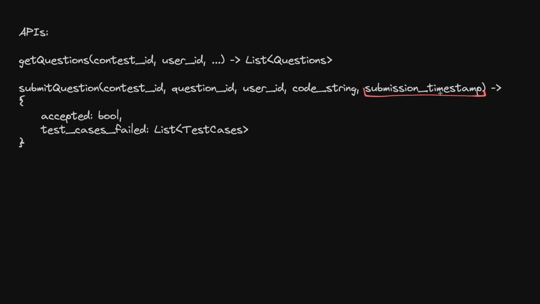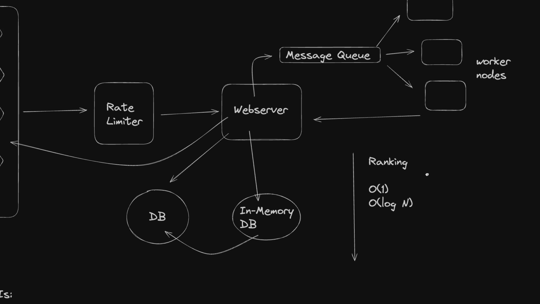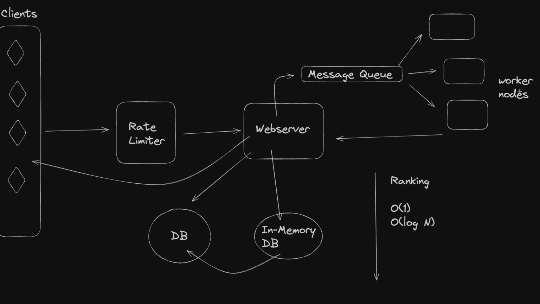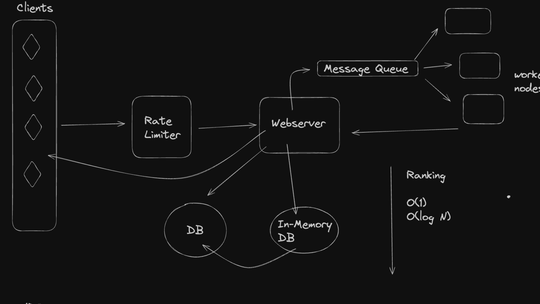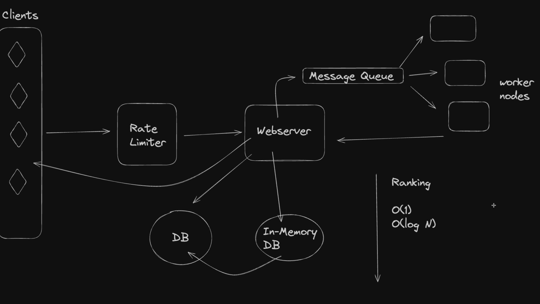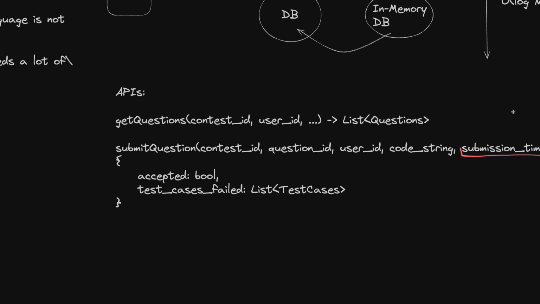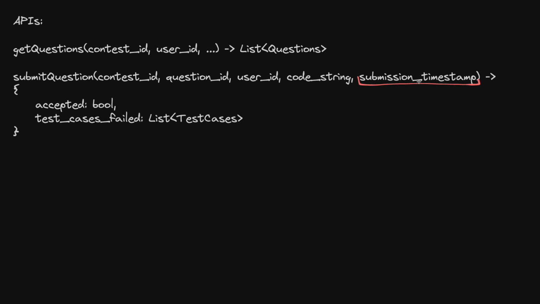It could happen that a user submits their code first, but the message queue gives it to some worker node that's a little bit backed up, or it doesn't process as fast, or maybe it's a slower language. We don't want to give it to the first person whose code actually runs and is confirmed. We want to give it to the first person who submits it and gets it right. So that's why I'm thinking we should use the submission timestamp here, so we can honor the first person who submitted something that worked.